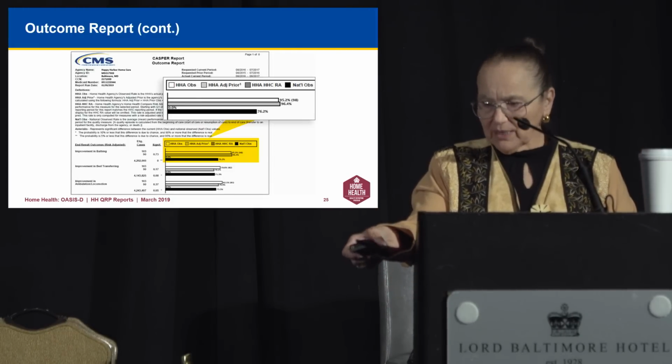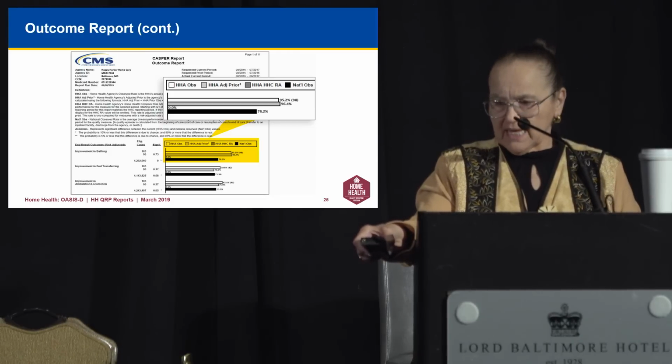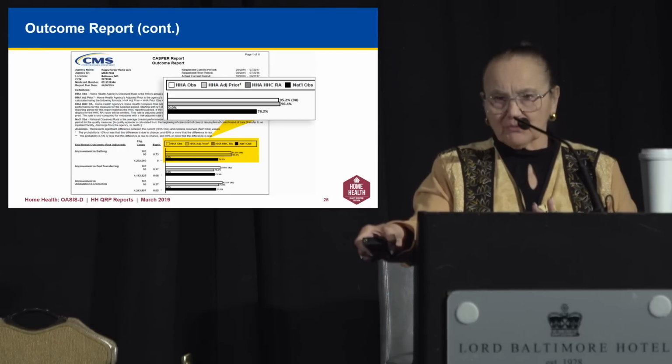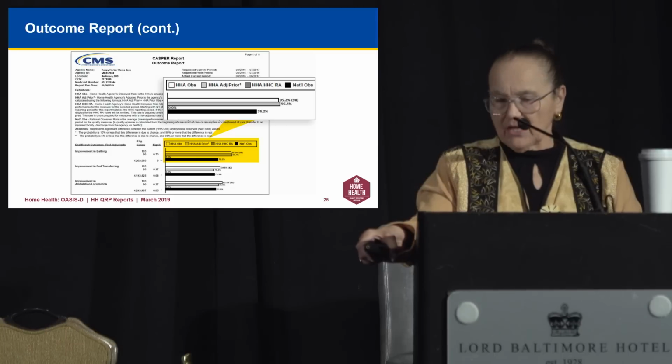Now, as you look at those, there are 4. The first one is the agency's observed rate. Then you have the agency's adjusted prior rate. You have their risk adjusted now, and you have the national observed rate.